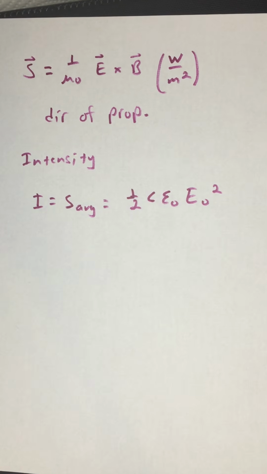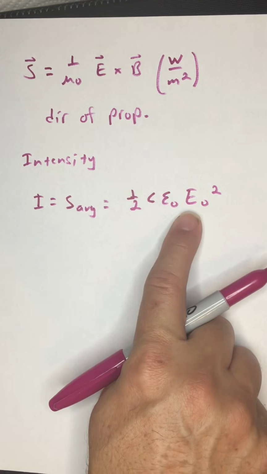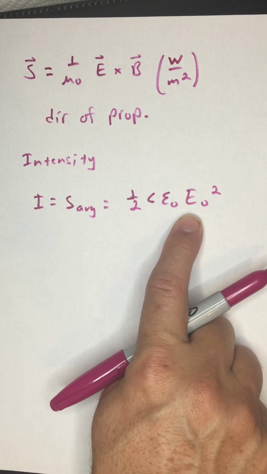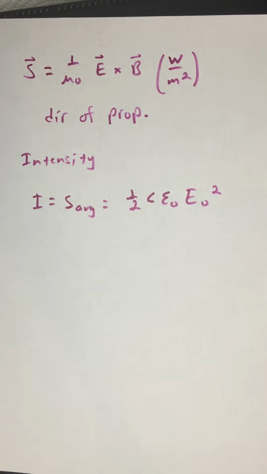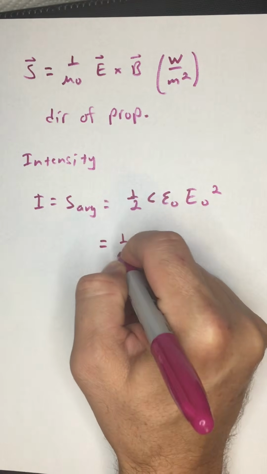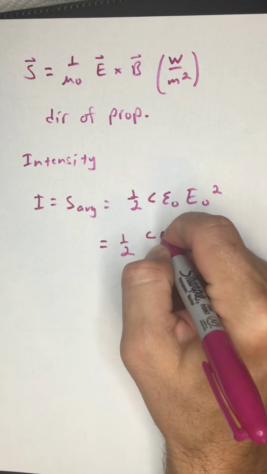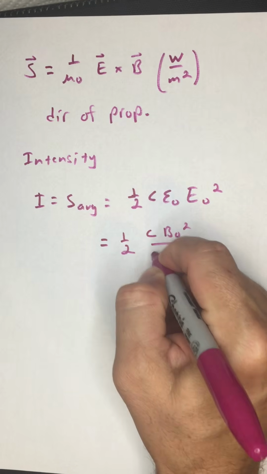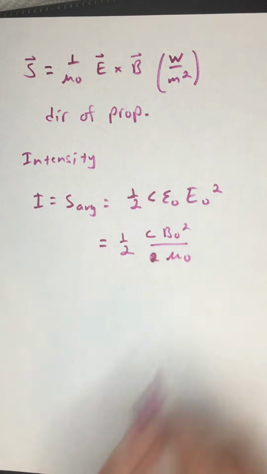It gives us the intensity of the wave, but of course, we don't have to express the EM wave in terms of the electric field. I could express it in terms of the magnetic field. In that case, I'm going to get 1/2 c B naught squared over mu naught.